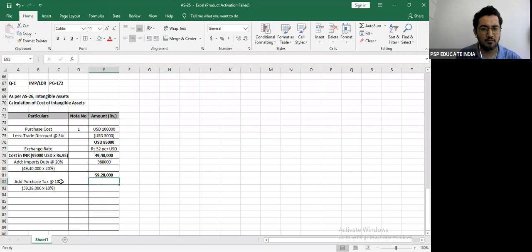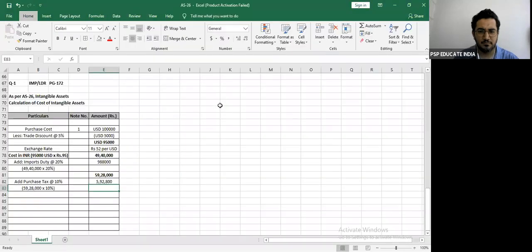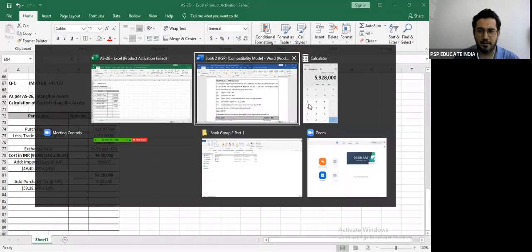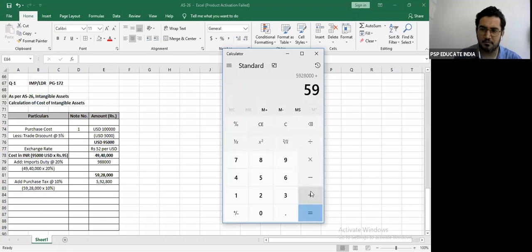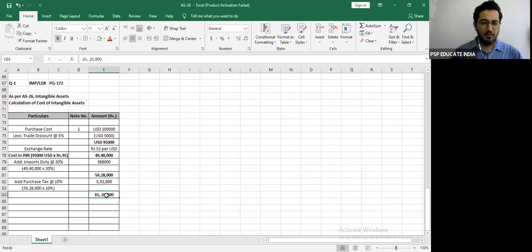You get 5 lakh 92,800. Take your total. You get 65,20,800.